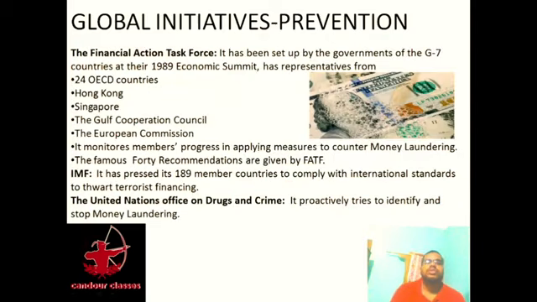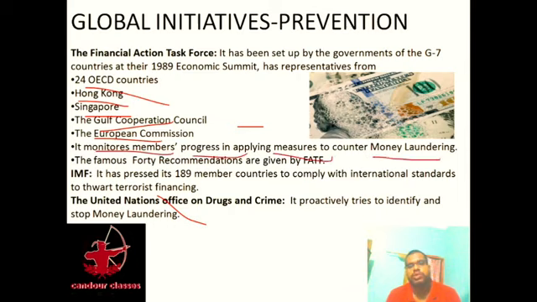Then the Financial Action Task Force I have told you about was set up by the governments of the G7 countries at the 1989 Economic Summit, with representatives from 24 OECD countries, then Hong Kong, Singapore, the Gulf Cooperation Council (GCC) countries, and the European Commission. It monitors members' progress in applying measures to counter money laundering.